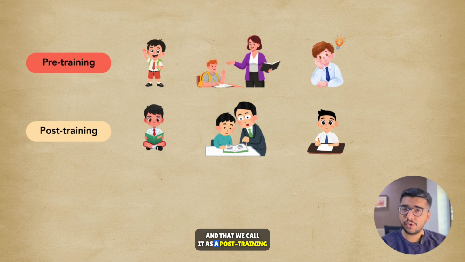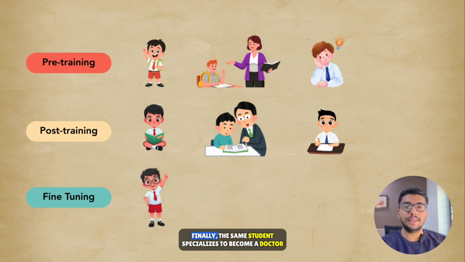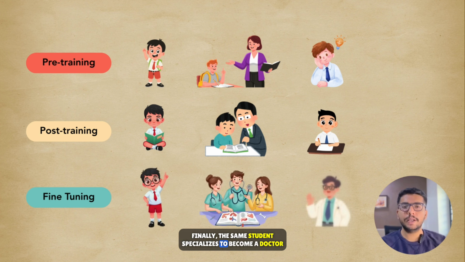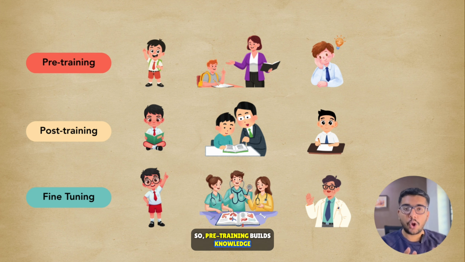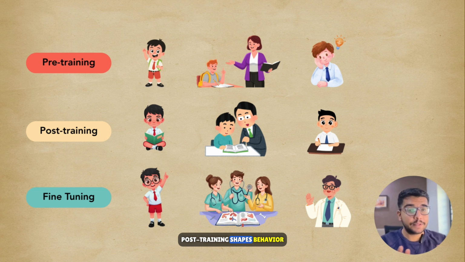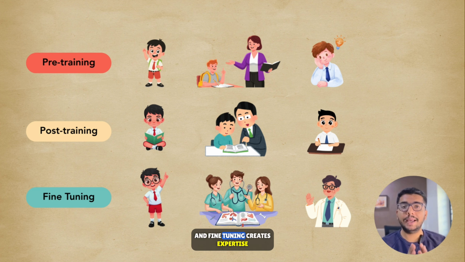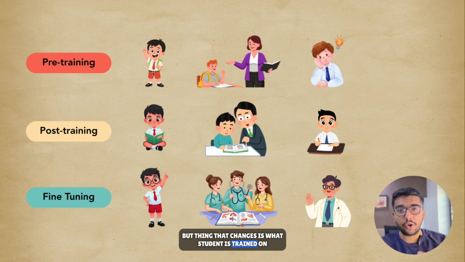And that we call post-training. Finally, the same student specializes to become a doctor, where the student studies medicine deeply and gets trained for one specific role. That's what fine-tuning means. So, pre-training builds knowledge, post-training shapes behavior, and fine-tuning creates expertise. Here in our analogy, the student is the same, but the thing that changes is what the student is trained on.